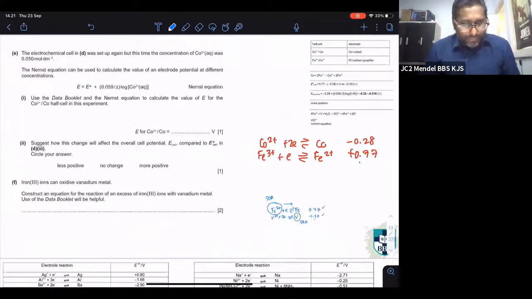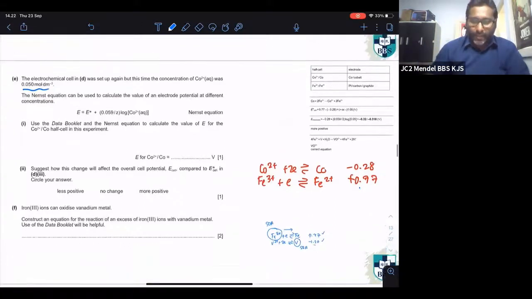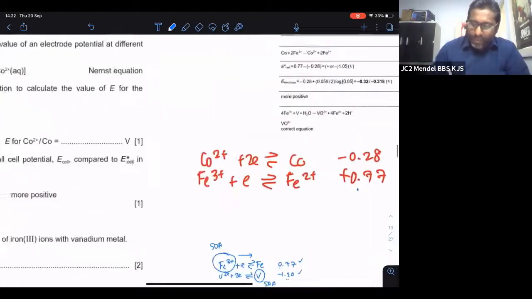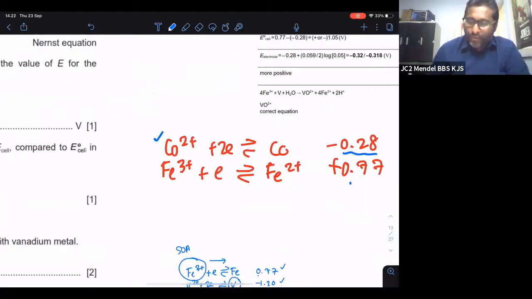Now, the next question is, the electrochemical cell in D was set up again, but now the cobalt concentration is not standard condition. They have given you the cobalt concentration is less than 1. Always remember this one thing. Earlier, under standard condition, you see negative 0.28.